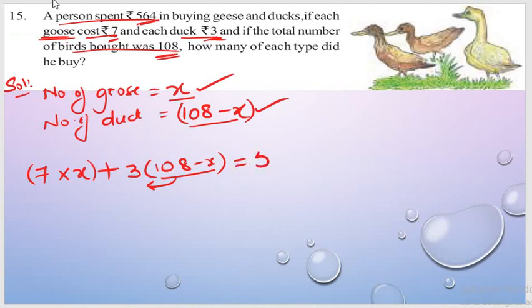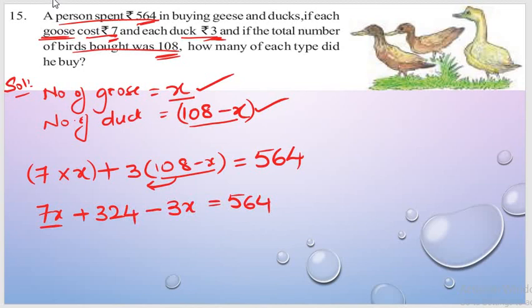So 7x plus 3 into 108 (3 into 100 is 300, 3 into 8 is 24, so 324) minus 3x is equal to 564. Now 7x minus 3x is 4x, which is equal to 564 minus 324.